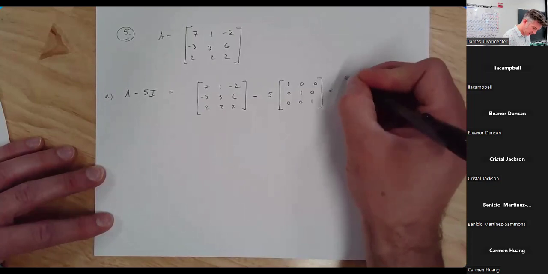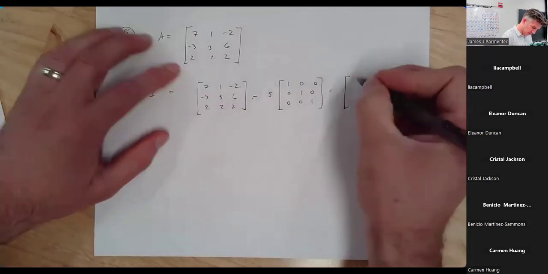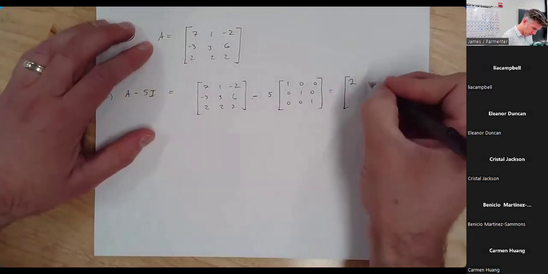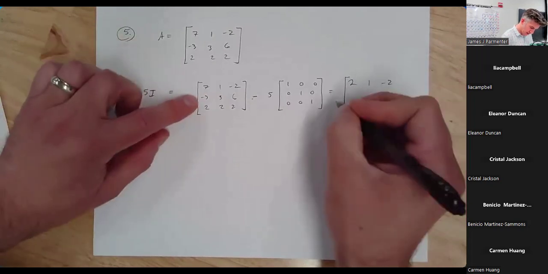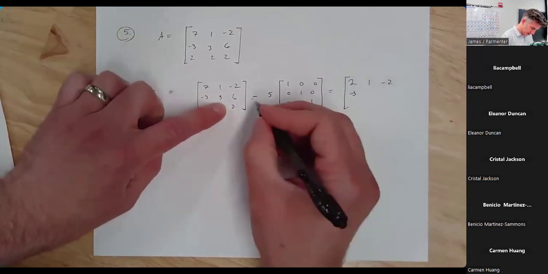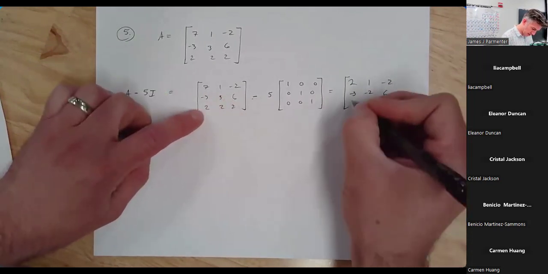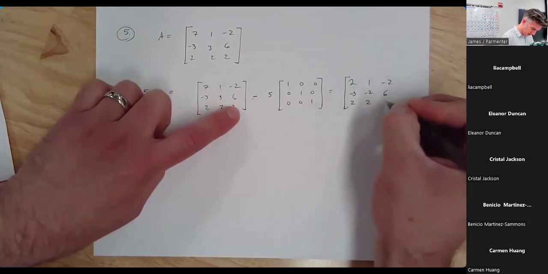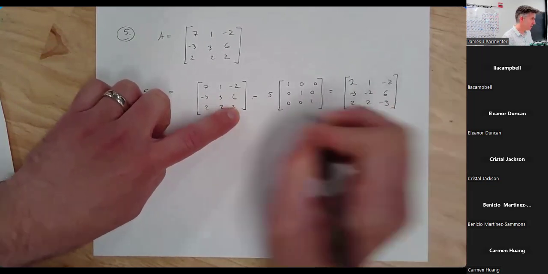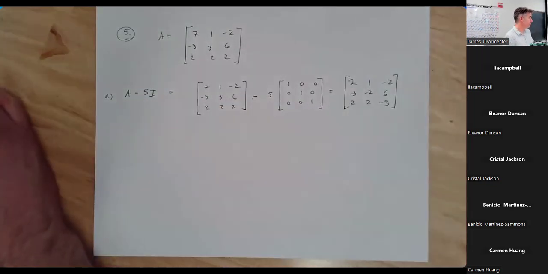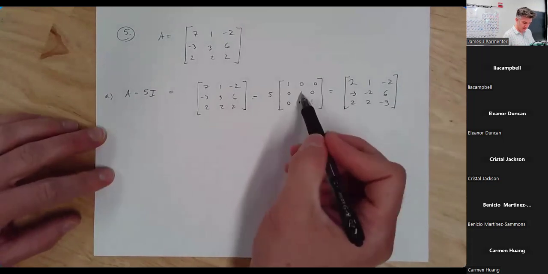So what you're going to get here is 7 minus 5 times 1, 1 minus 0, -2 minus 0, -3 minus 0, 3 minus 5 times 1, 6 minus 0, 2 minus 0, 2 minus 0, 2 minus 5. So that's how we deal with the first part. 5 times the identity matrix is just 5, 5, 5 on the diagonal.